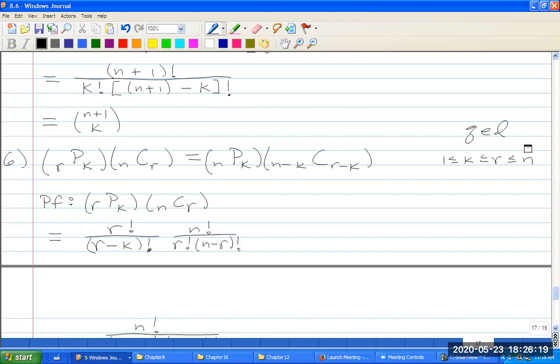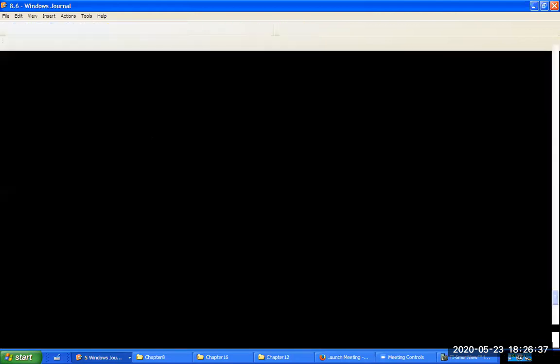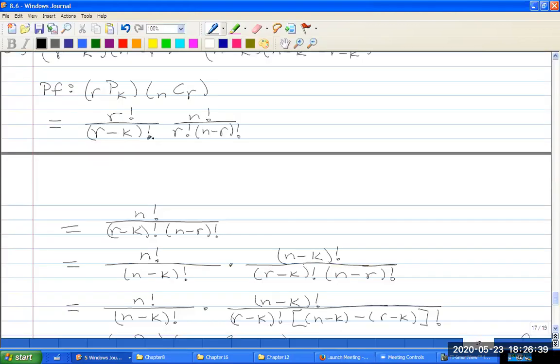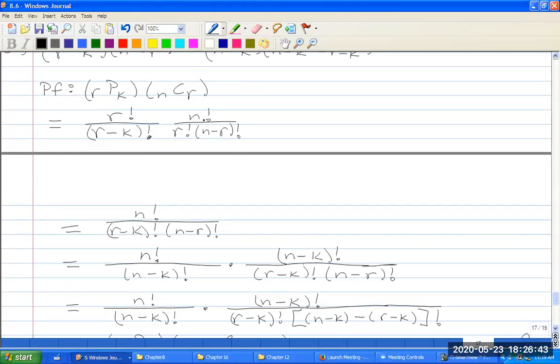Okay, so let's do this. rPk is just r factorial over r minus k factorial. nCr is just n factorial over r factorial times n minus r factorial. The r factorials cancel. So I just get n factorial in the numerator.